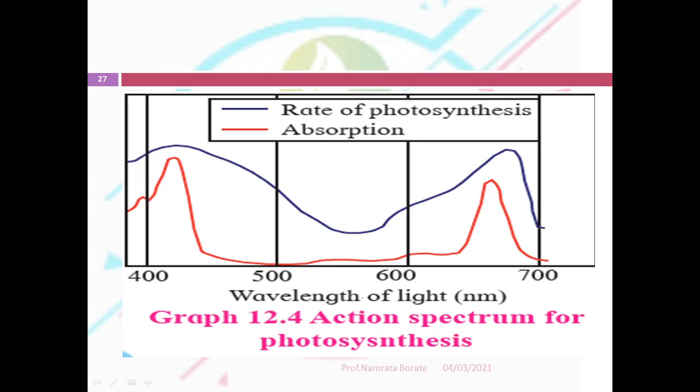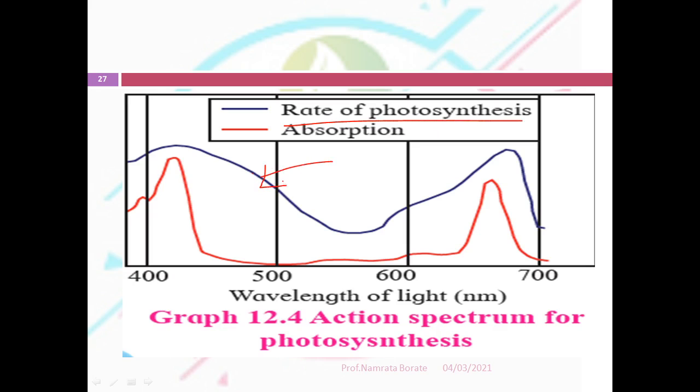It explains the relationship between the photosynthetic activity in relation to the different wavelengths of light. In the action spectrum, the rate of photosynthesis is shown by the blue line.